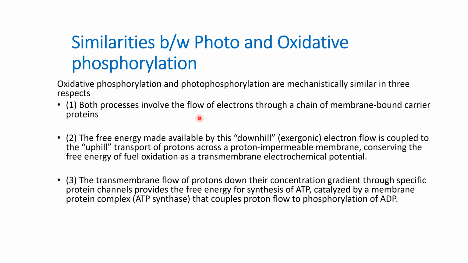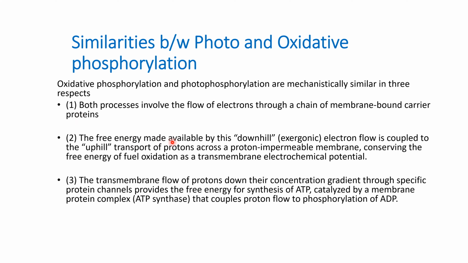Both processes involve the flow of electrons through a chain of membrane bound carrier proteins. We have seen there are ladder like steps, with specialized proteins taking up the electron transfer from one step to another, and then eventually the electron becomes part of that oxygen.